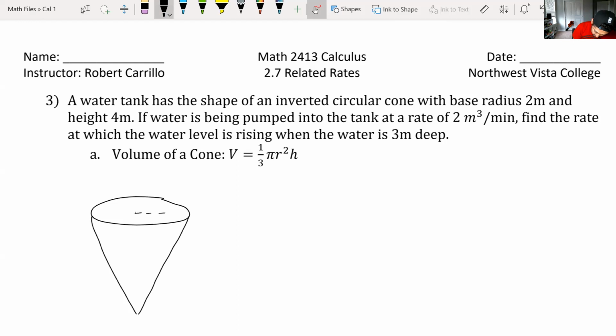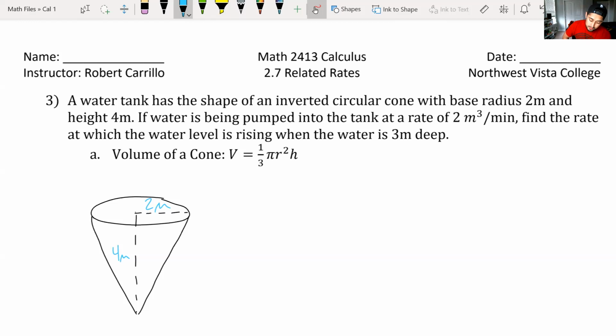Dash, dash, dash. This will represent my radius of 2 meters. And then dash, dash, dash. That'll be my 4 meters. So if I put some colors on here, 2 meters, this is 4 meters. Okay, so this diagram represents the inverted circular cone that has a base radius of 2 meters and a height of 4 meters.